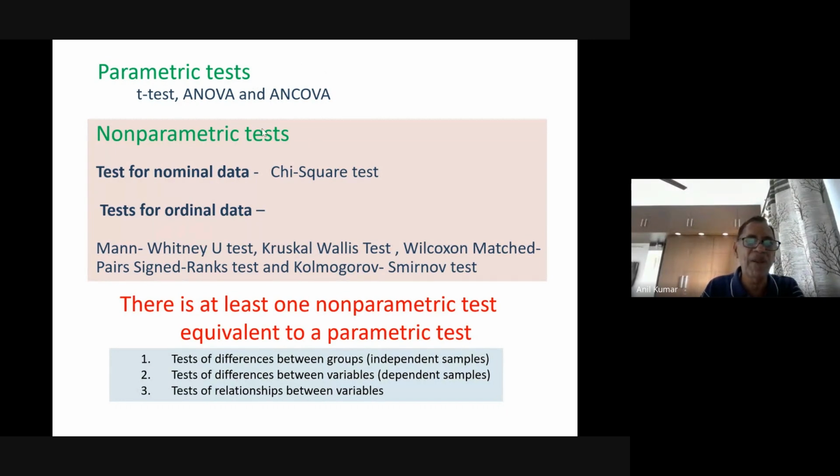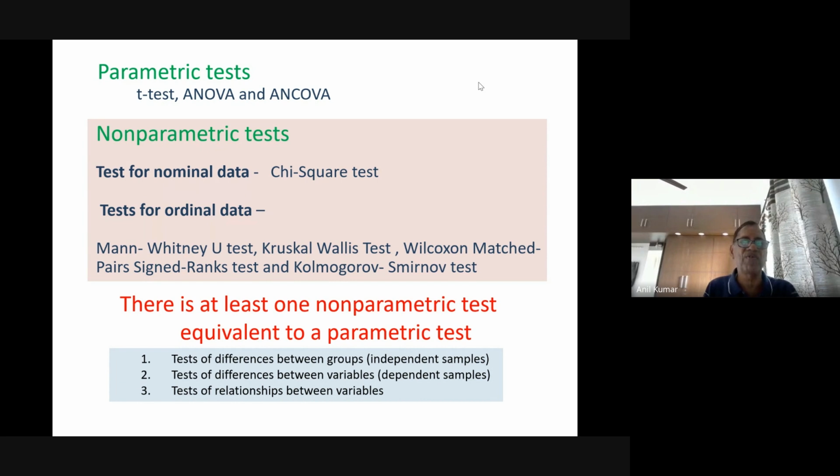But in non-parametric tests, a very popular test is the chi-square test. Here, assumptions are not very strong. Even with non-normal data, abnormal data, you can go for non-parametric tests. That is, chi-square you can apply when you have non-normal data.